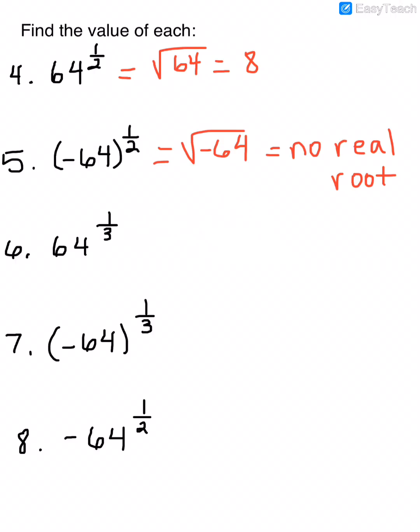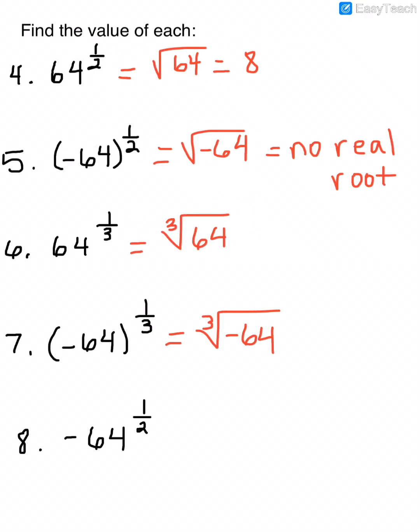For number 6, 64 to the 1/3 power would be the cube root of 64. Number 7, in parentheses, negative 64 to the 1/3 power would be the cube root of negative 64. Oh, I didn't finish number 6.